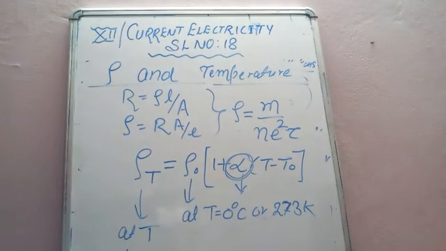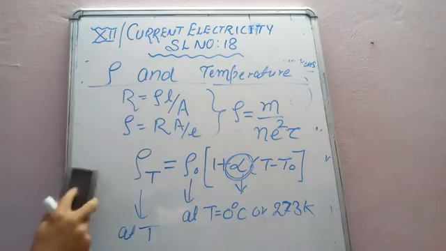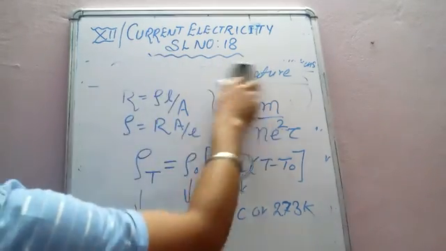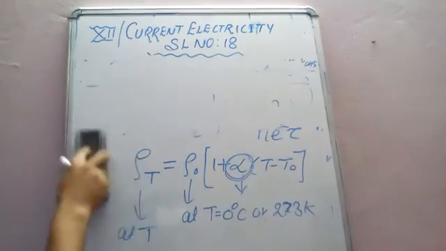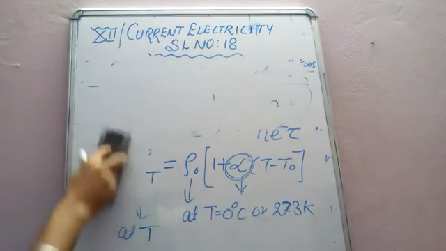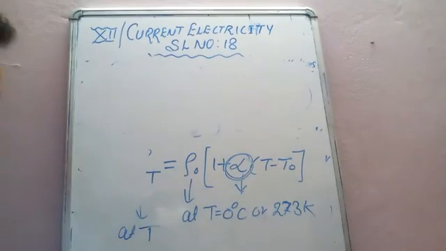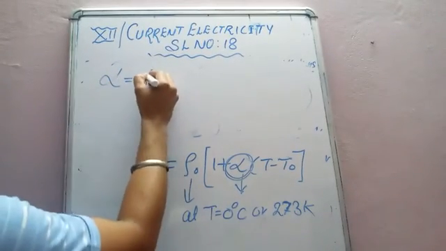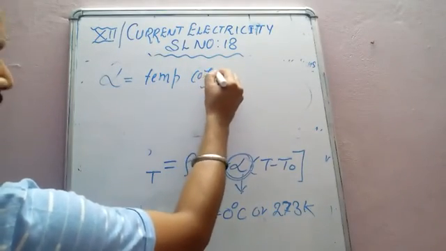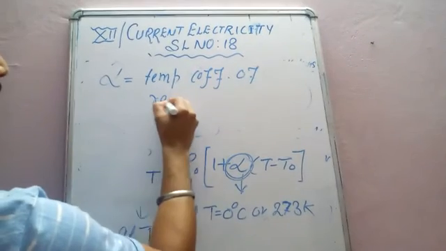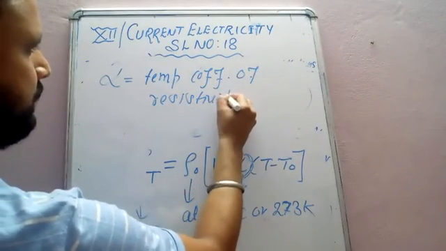This term, alpha, is known as the temperature coefficient of resistivity.